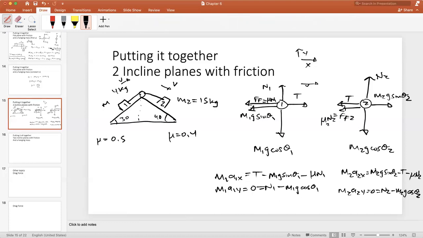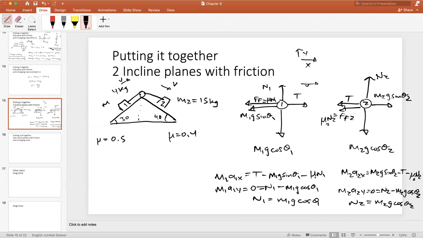Once you do all this, you would substitute this T into there. You're going to get this ugly equation. So you substitute M1G cos theta 1 for N1, and M2G cos theta 2 for N2. This is the right side's mu, 0.4.